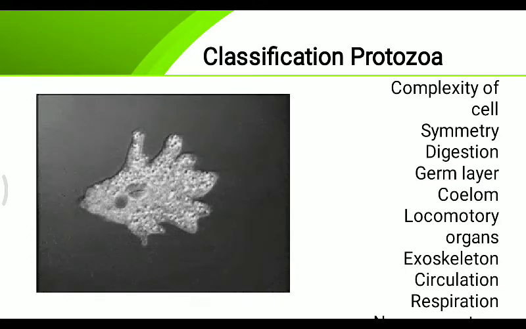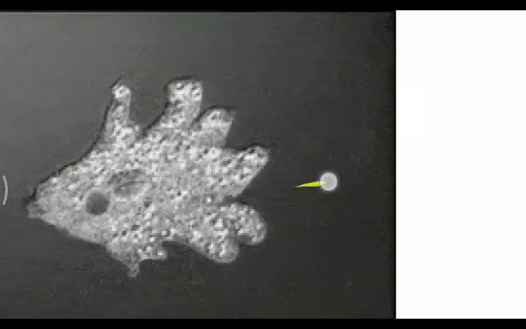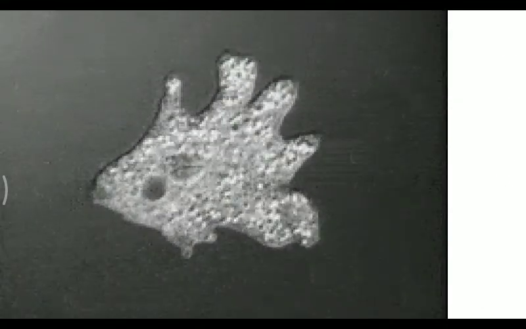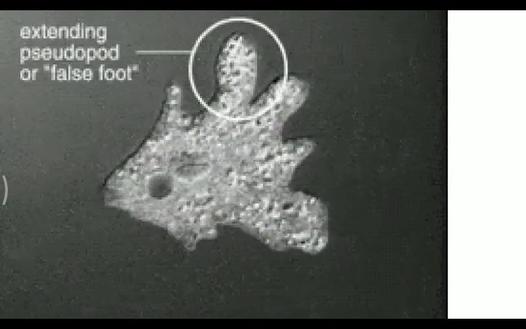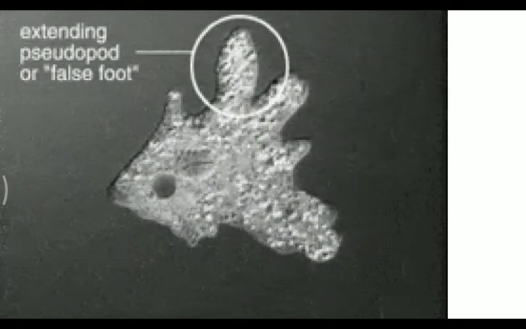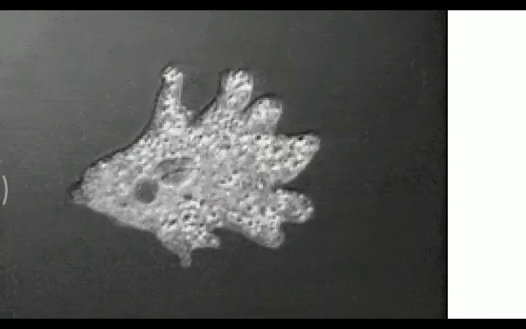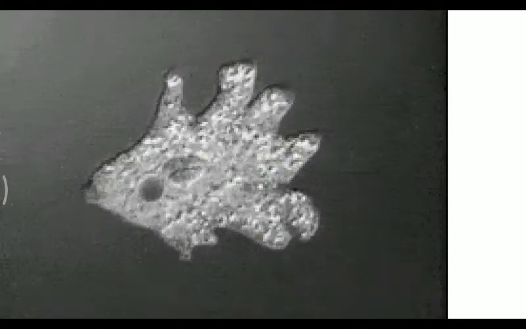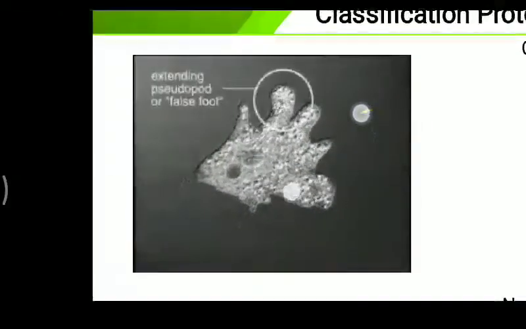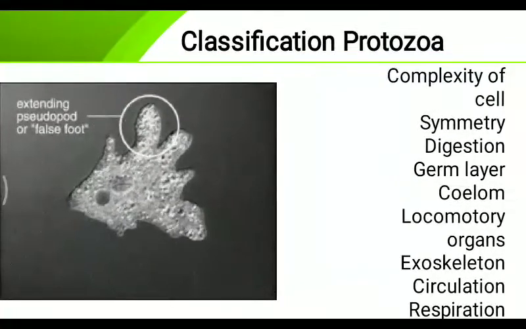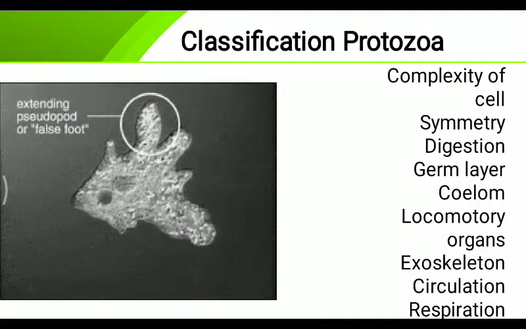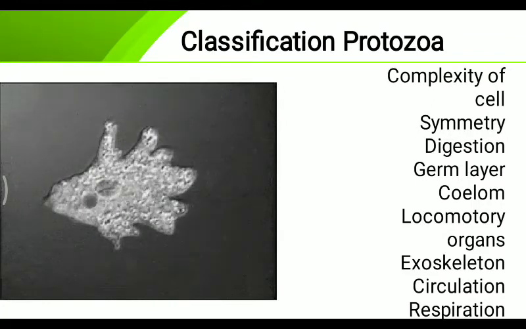Now, this is the phylum Protozoa, and you know well this organism. This is the amoeba. What is the characteristic of phylum Protozoa? I am not asking only about amoeba, but phylum Protozoa. The characteristic feature of this phylum is that these are unicellular animals.